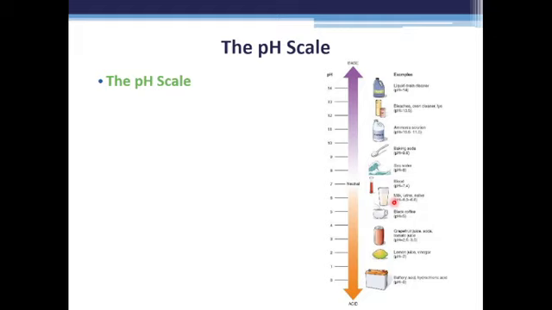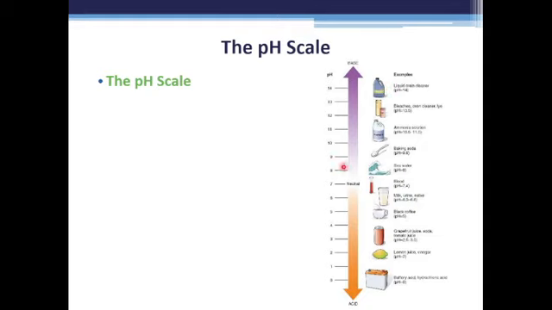Acid means the pH level is below 7. And alkalosis occurs when the pH of the blood rises above 7.45, from the word alka, meaning alkaline, which is above 7. That's what we call alkaline.